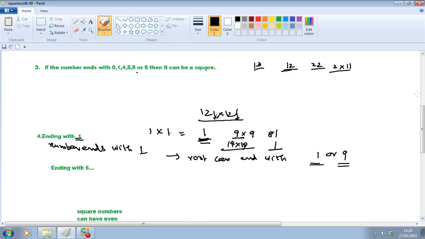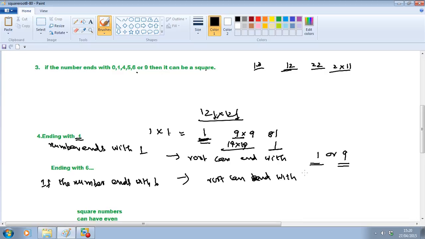Next, what is the option? Ending with 6. So if the number ends with 6, the root can end with which digit will become 6?